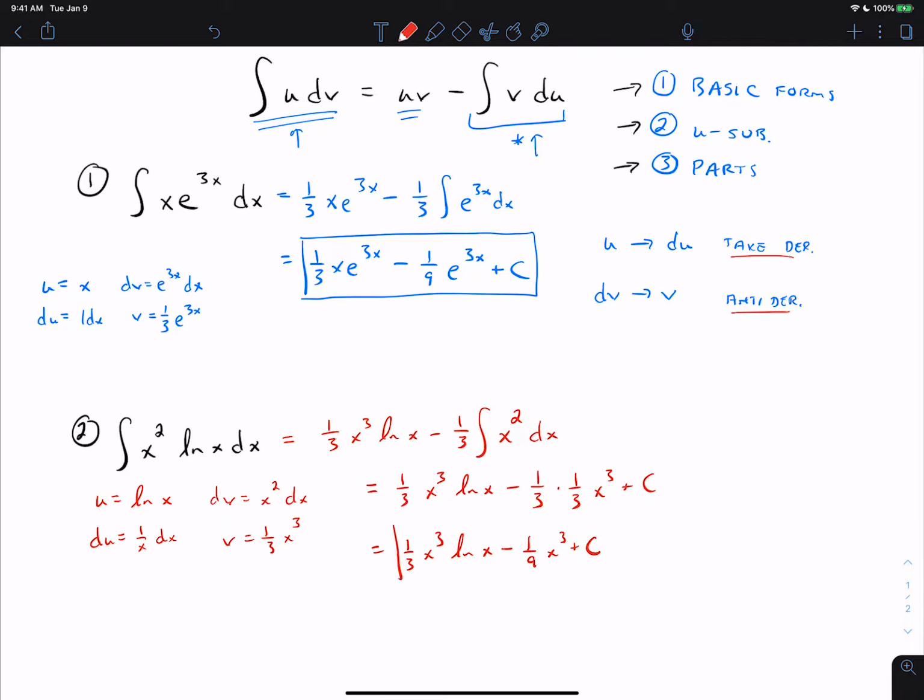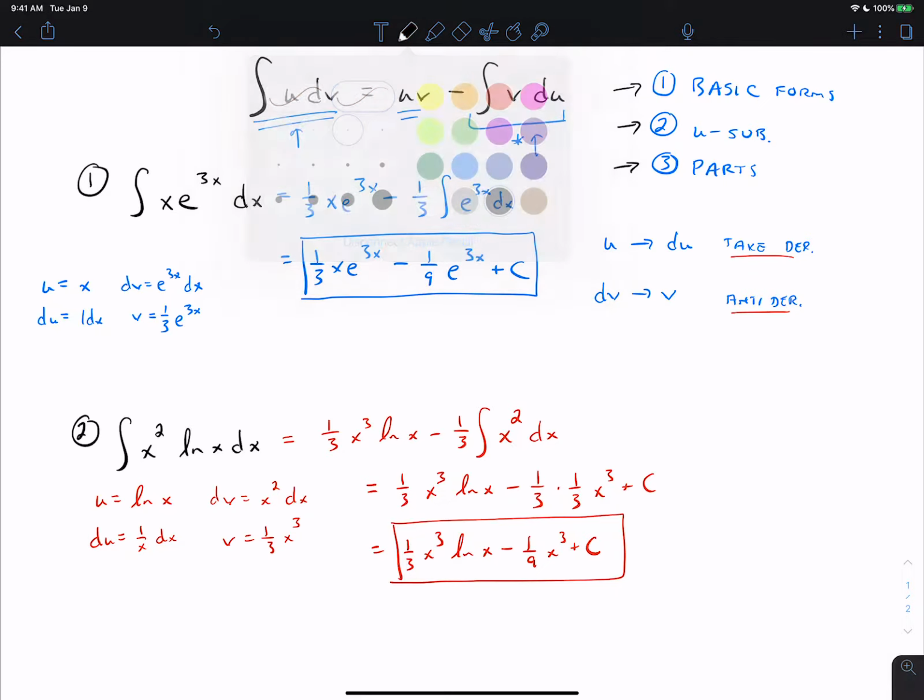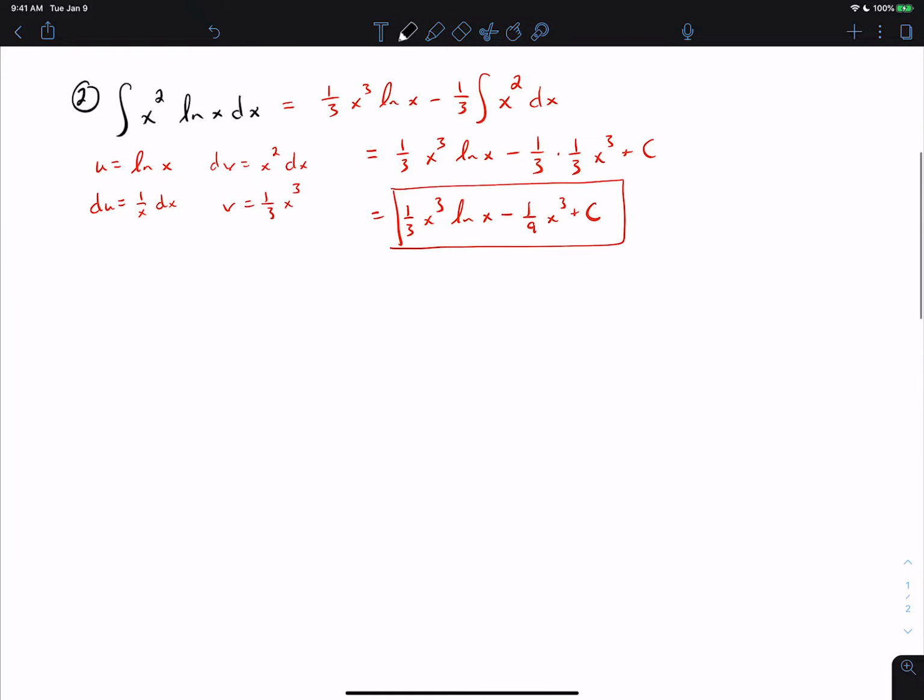And that's the answer on this problem. Okay, so we're going to continue doing more examples, but that's kind of the thought process on when you would use parts and how to pick u and dv. There's, again, not a definite way to do that every time, but those are some guidelines that can help.